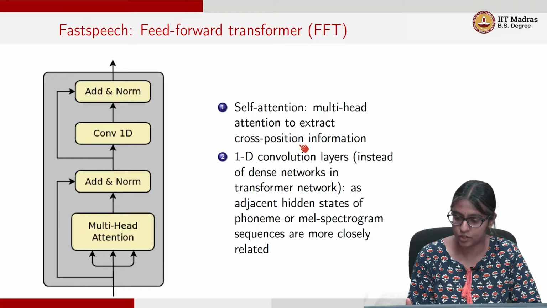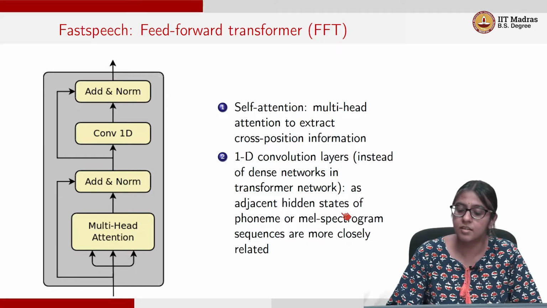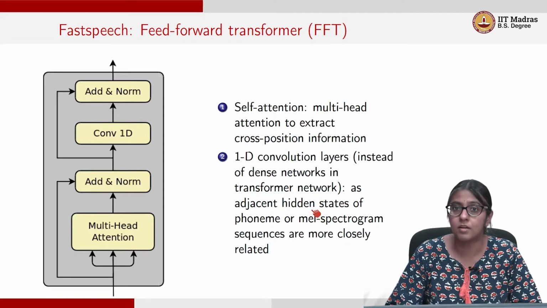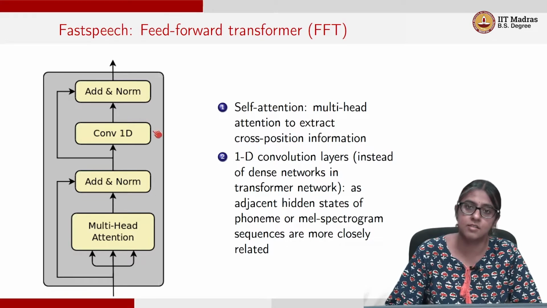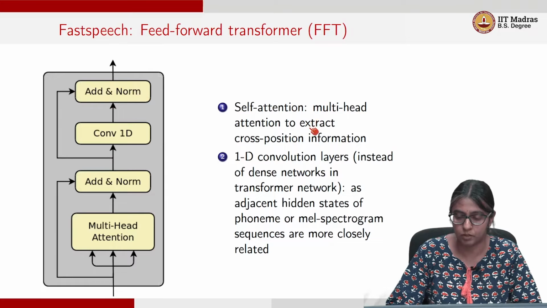So the word ordering changes, because of which you need a dense network in the basic transformer module for translation. But here, the adjacent hidden states are more closely related. Because of this, we can do away with the dense network and just use simple 1D convolution layers. And there is an add and normalization layer that is used in the conventional transformer too.